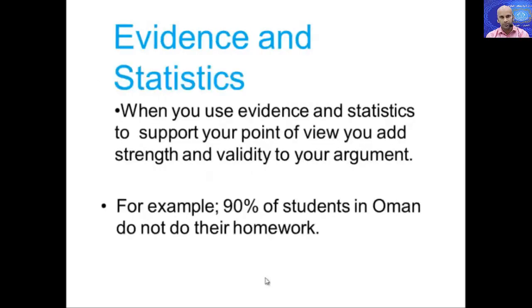Evidence and statistics. You may think that you do not have many ideas, or you do not have much statistics or evidence to support your answer. But don't worry, you can create something of your own using the knowledge that you have. For example, 90% of students in Oman do not do their homework.